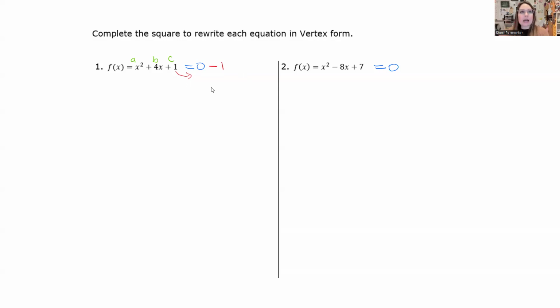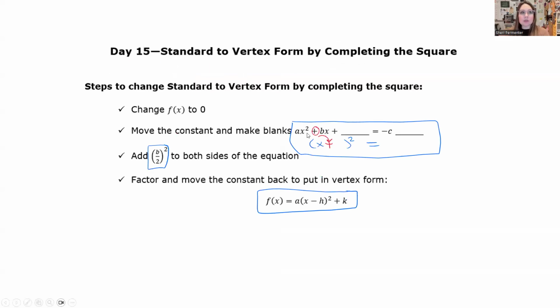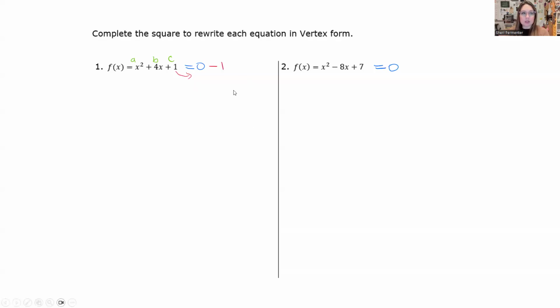When I rewrite, I am going to use this form right here. So I'm going to rewrite these two lines. I'll show you what that looks like. So when I rewrite, I'm going to kind of shift everything over just a little bit. So I get x squared plus 4x, always plus blank, equals, and what's 0 minus 1?